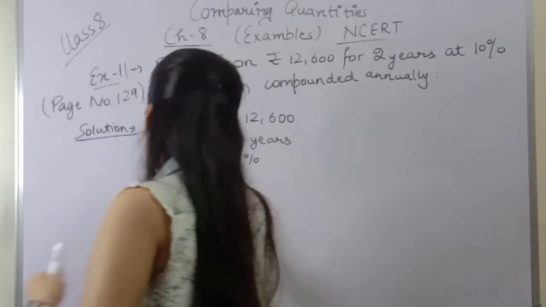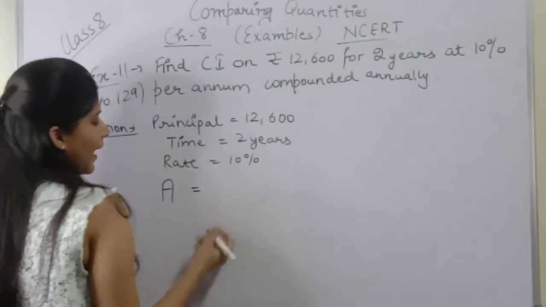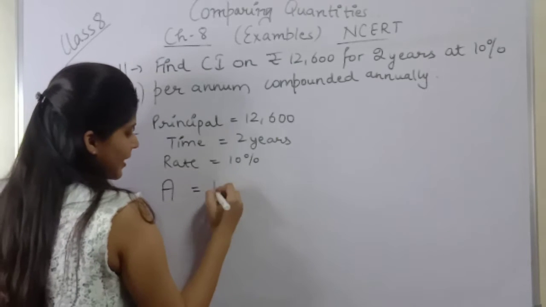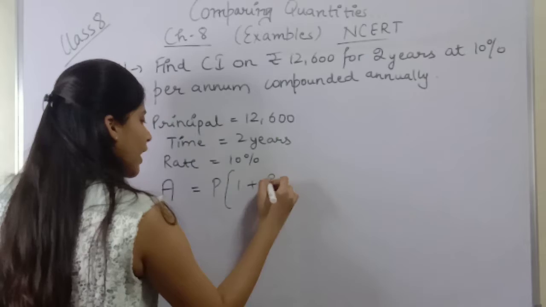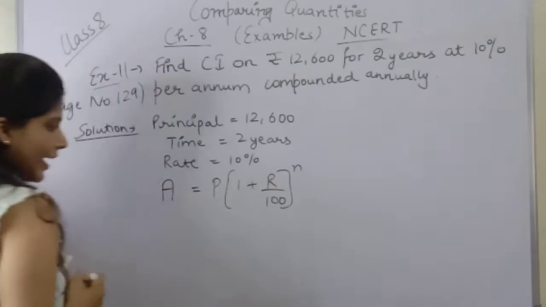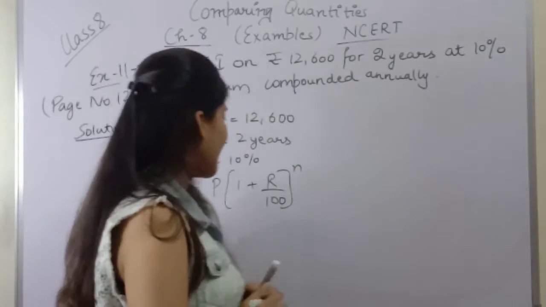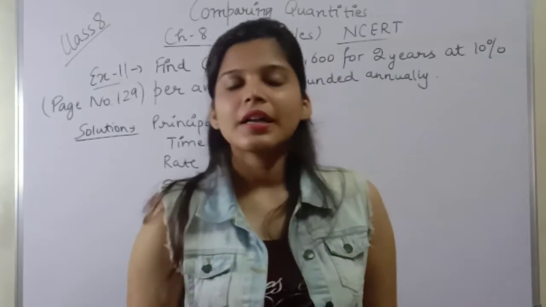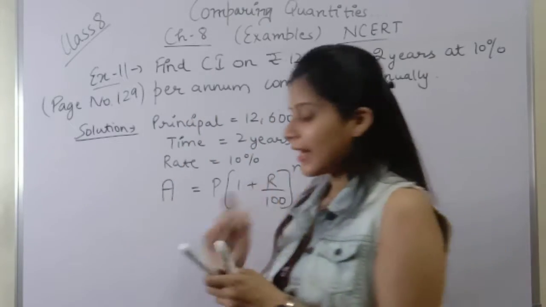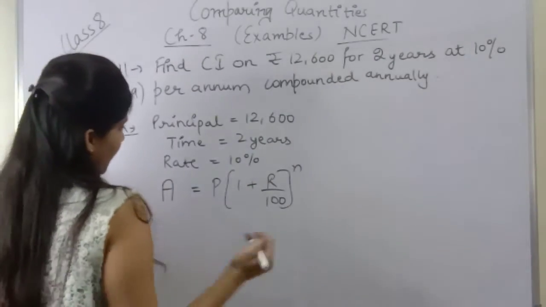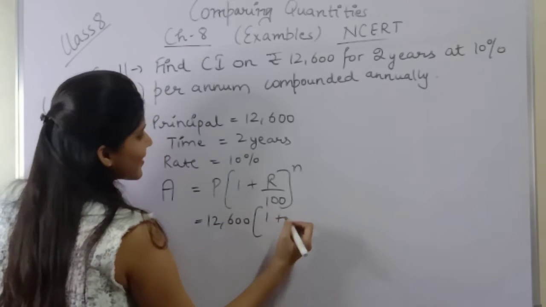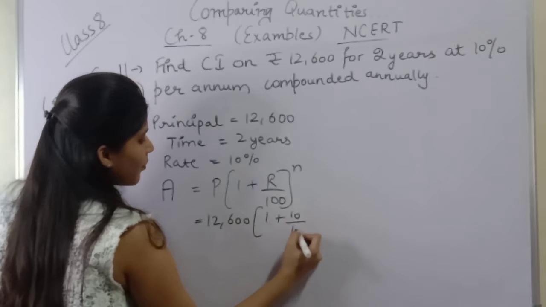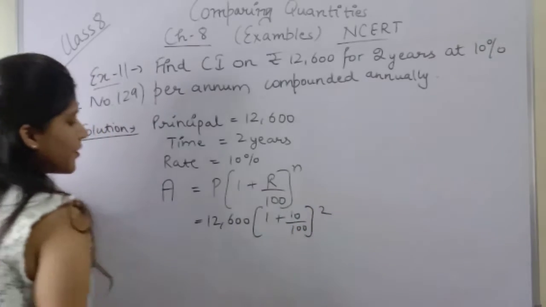So directly we will be applying the formula and the formula for amount is principal into 1 plus rate upon 100 to the power n. Here P is the principal, R is the rate and n is the time. So principal is 12,600, 1 as it is, rate is 10% and time is 2 years.